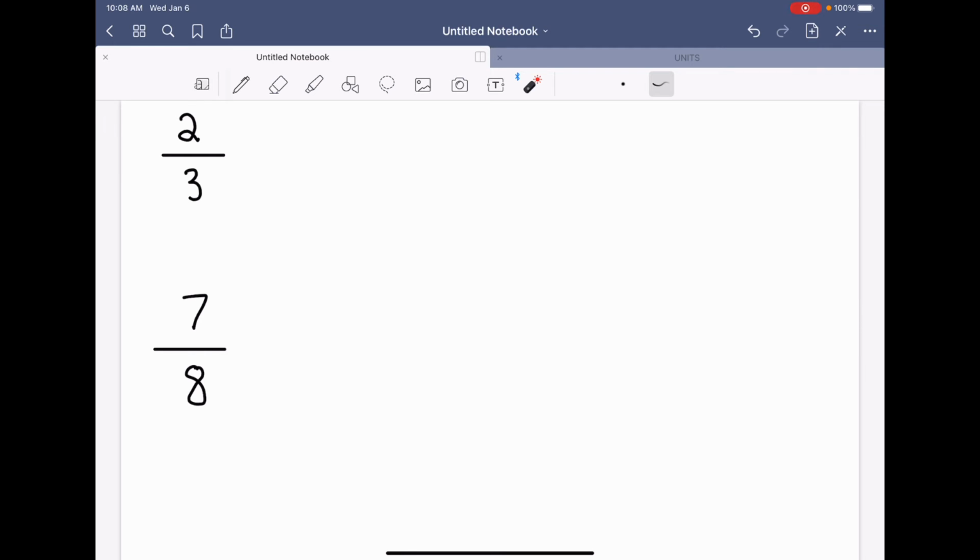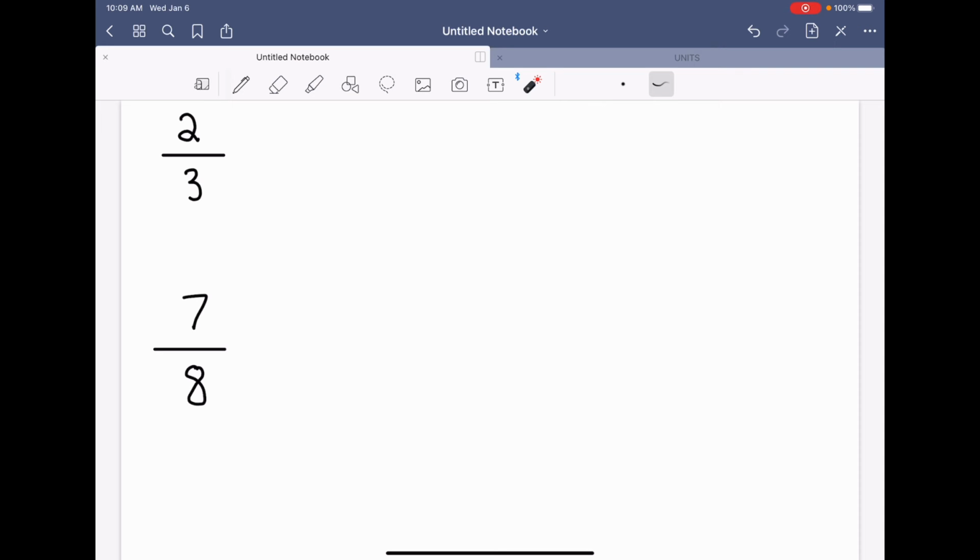So we see the top number says 2, and we see the bottom number says 3. So again, the top number is the numerator. Denominator. Numerator, denominator. So the 2, we just read normally. So we say 2, and then the bottom, we say thirds, right?